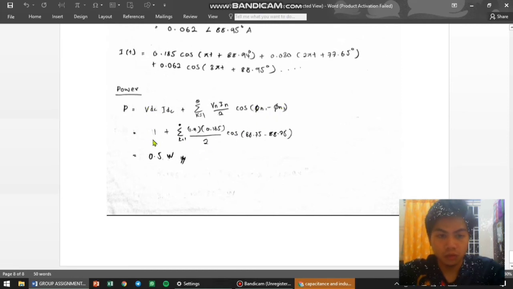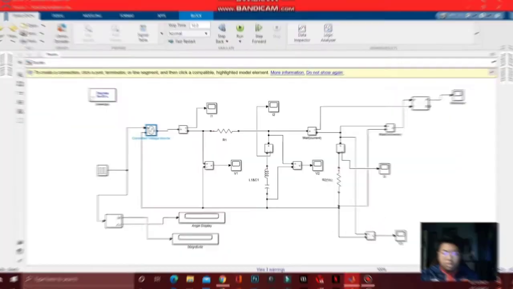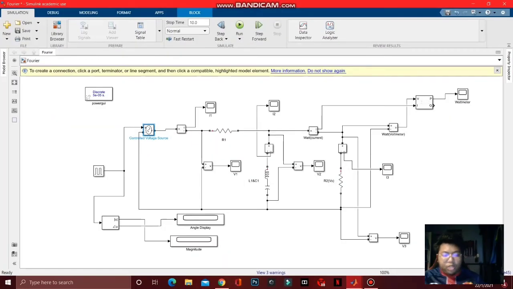So we insert all the information that we get. As we know from the general equation, VDC is 1, and multiplied with IDC, also 1. So we insert also all the values for AC analysis. And we get the scalar quantity for power. So next we continue to the simulation.